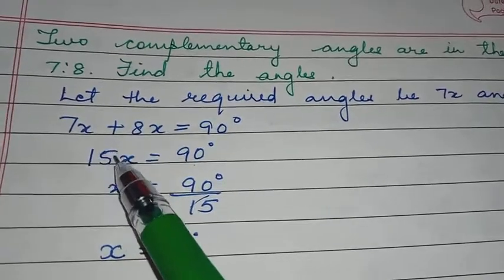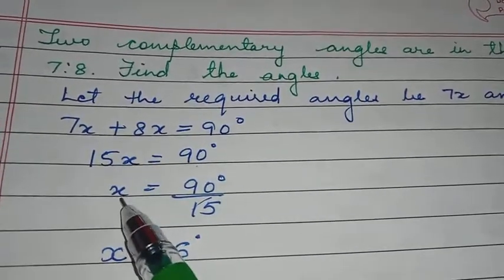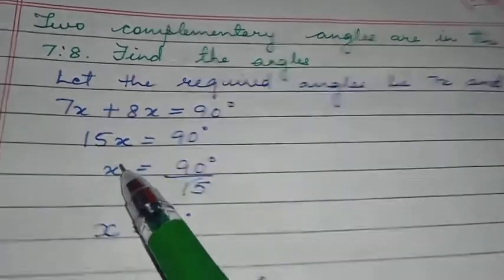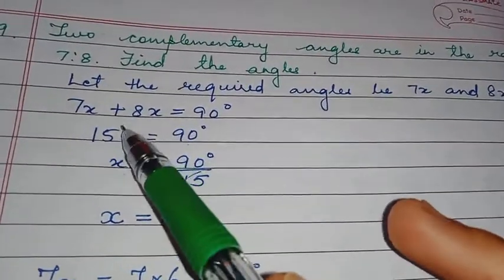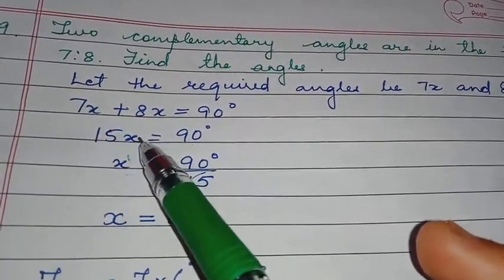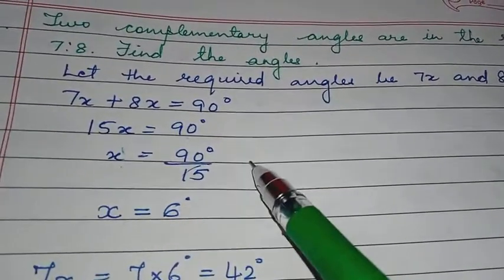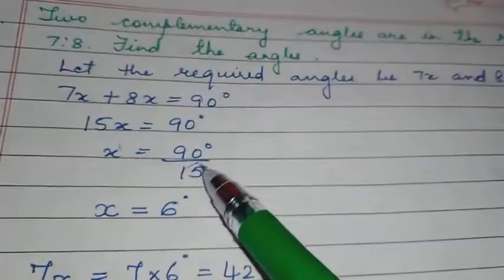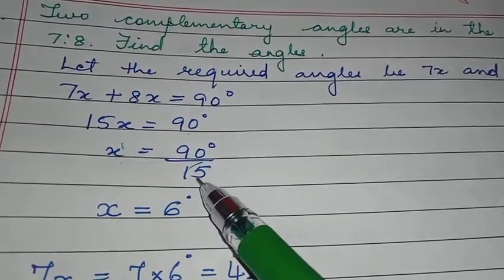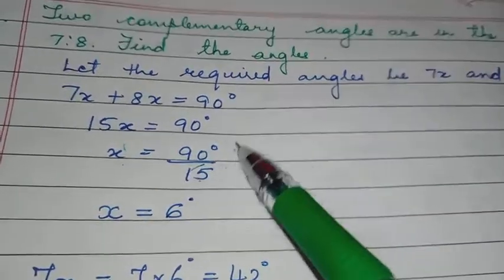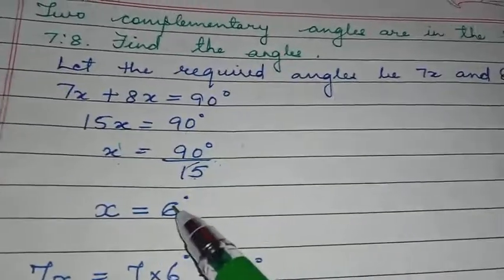It is 15 multiplied by x, and I want to know the value of x. So since 15 is multiplied by x, when it is transposed to the RHS, it becomes 90 degrees divided by 15. So 15 sixes are 90. So the value of x is 6.